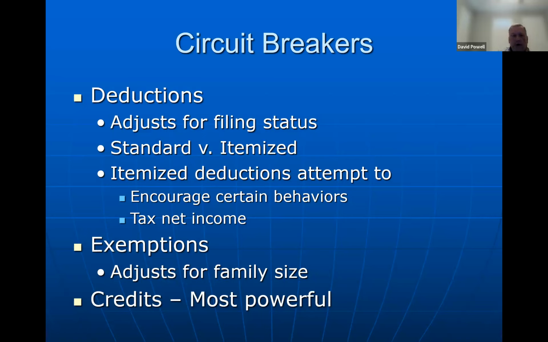Prior to 2017, you could claim exemptions depending upon your family size. So if you had a family with four children, you yourself, a spouse, and four children, you could claim 6 exemptions. And then there is a dollar value associated with each of those exemptions. Each of those exemptions could be worth $3,500.